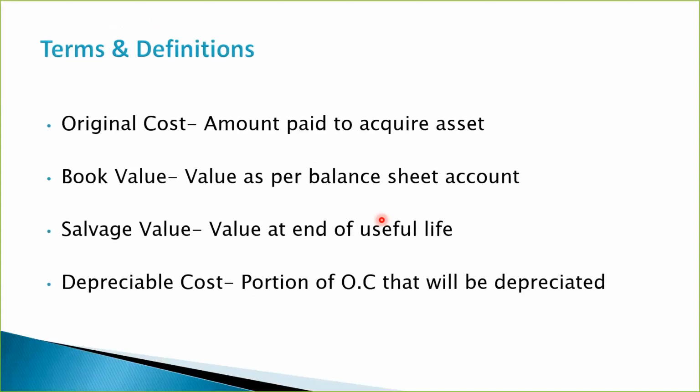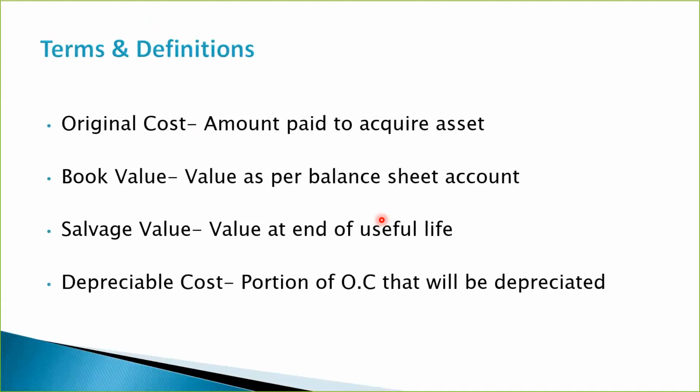So before we talk about depreciation methods and the accounting, I want us to talk about some terms and definitions that we're going to be using, just so that we can have a clear understanding. I know some of you might already know what this means, but let's just look at them so that we can all be on the same page.